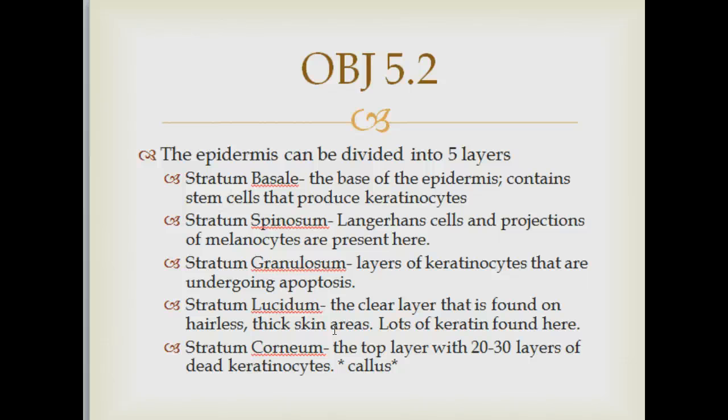Stratum granulosum, this is where apoptosis goes, and remember, apoptosis is programmed cell death. So these keratinocytes that are no longer functional, we're going to make sure that they are disposed of. In the stratum spinosum, Langerhans cells are important and found here, and we'll go into what the Langerhans cells actually are.